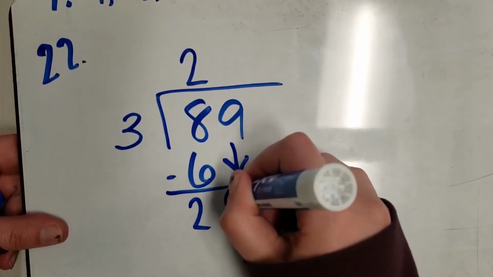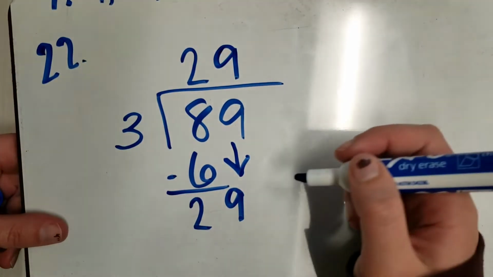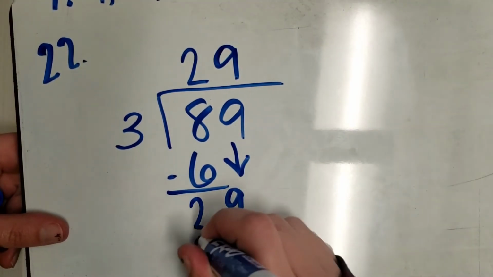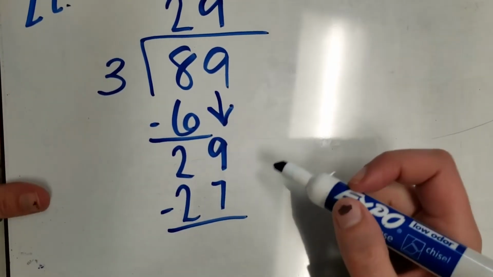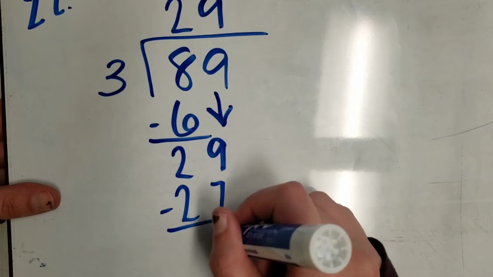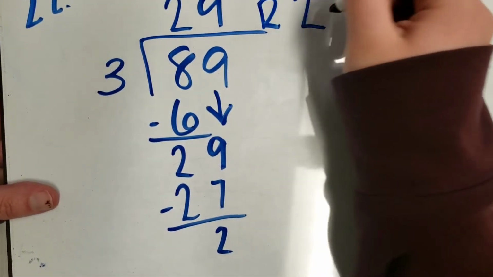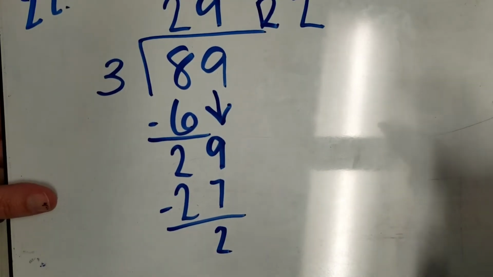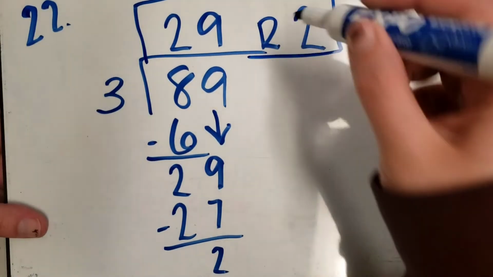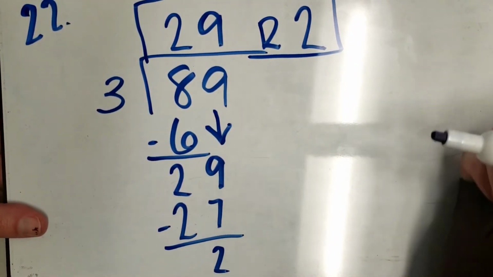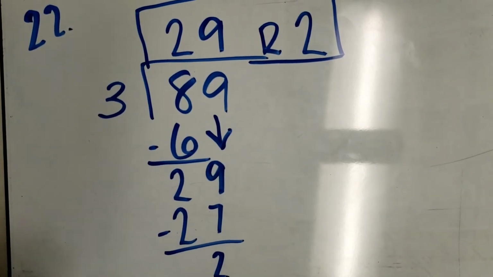Got to bring down that 9. 3 goes into 29 9 times, because 3 times 9 is 27. And 27 subtracted from 29 is 2. So we have 29, remainder 2 is our answer. And that is what you type in: 29 space R space 2. That is your answer to type in onto your Google Forms.